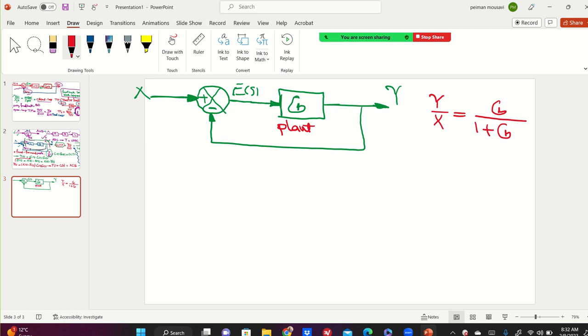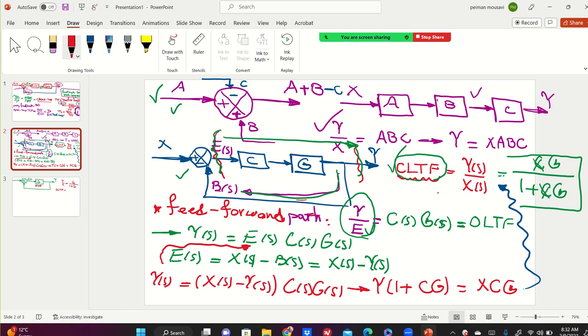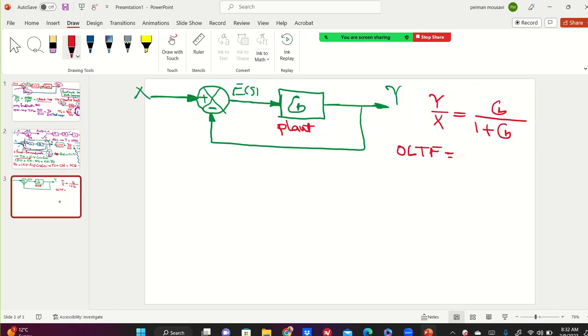And the open loop transfer function is going to be how much? Look at here. There is no controller C anymore. It's going to be G. That's it. Because feed forward is this only. Feed forward, just going forward. Understand?